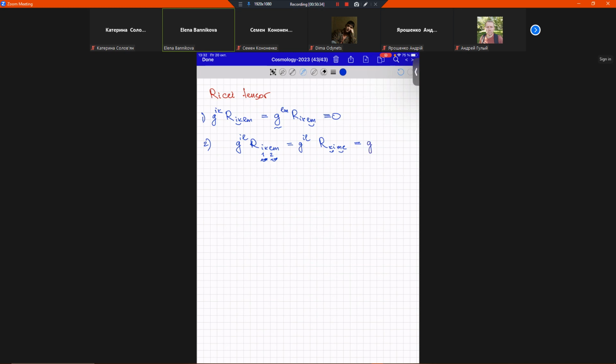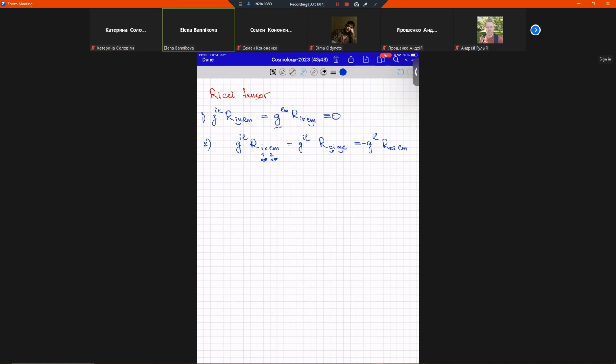Again, due to the asymmetric property of the Riemann tensor relative to the change of the indexes, I just play with the indexes. I can write like this. I just change the places of the indexes to understand whether I will obtain something different or not.